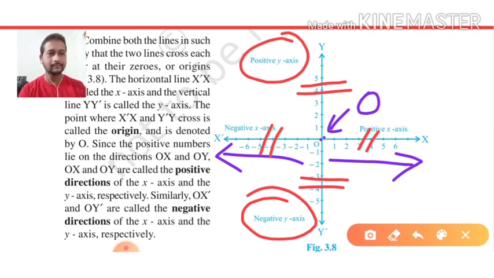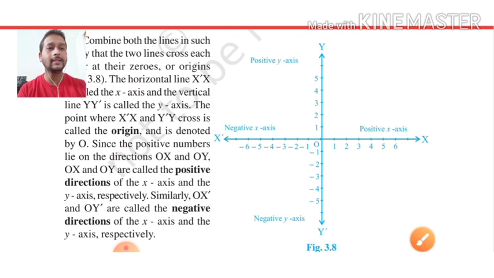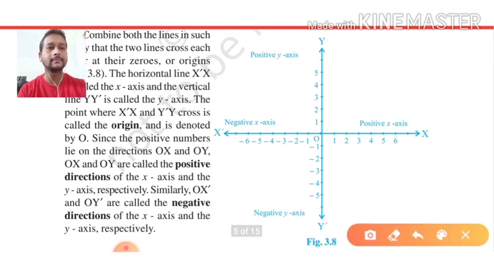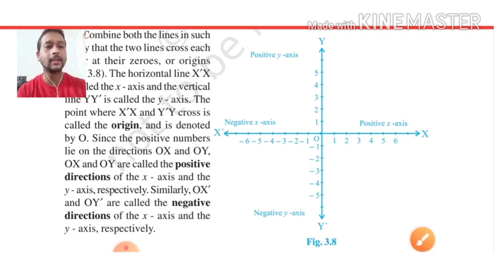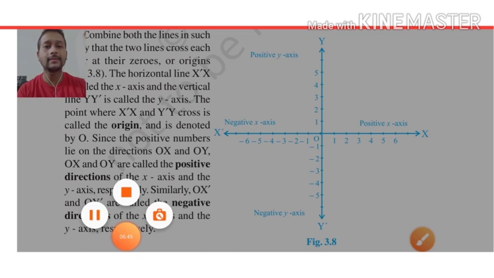Also look at here, these two perpendiculars divide the plane into 4 equal parts: 1, 2, 3 and 4.